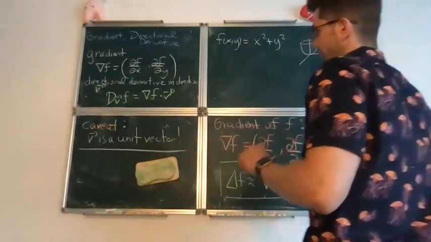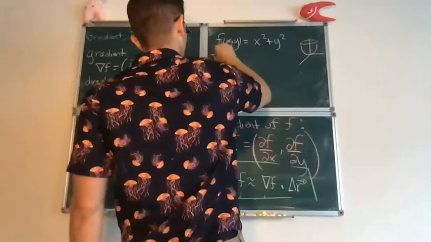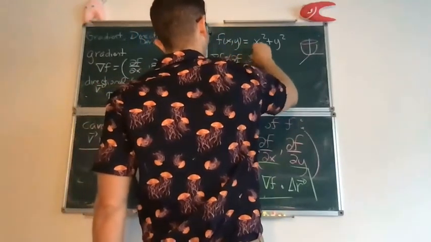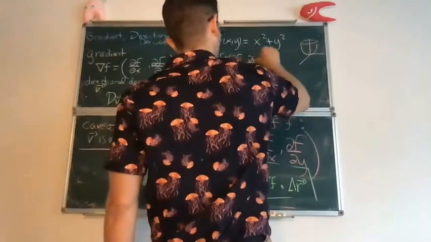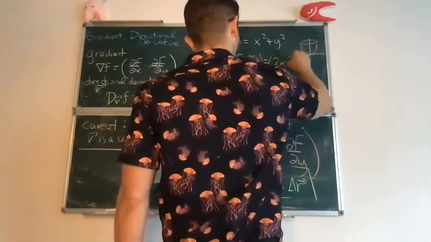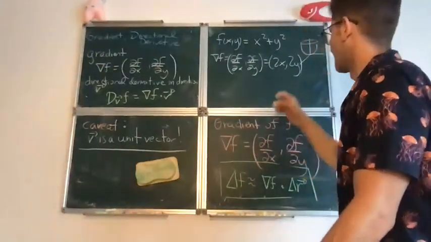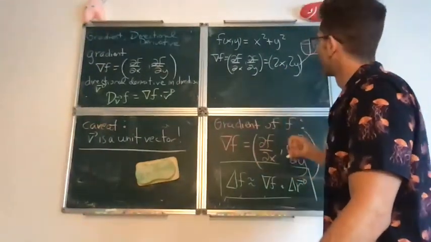Then what we're calling the gradient is just a vector of partial derivatives. So the gradient at any point is (2x, 2y).